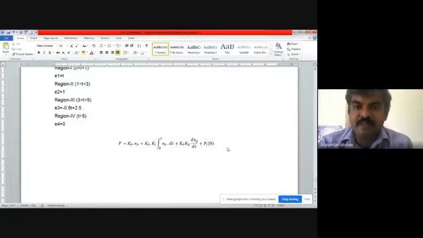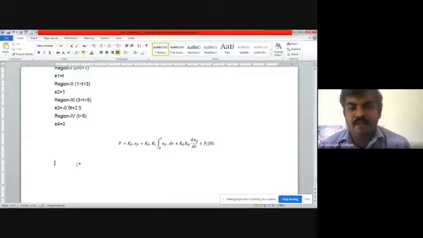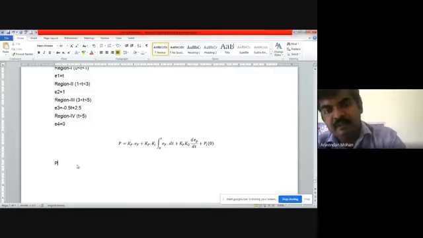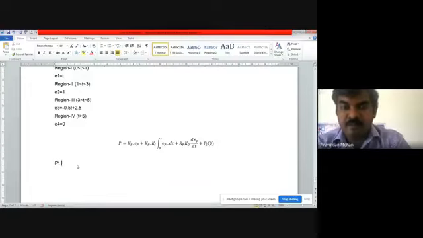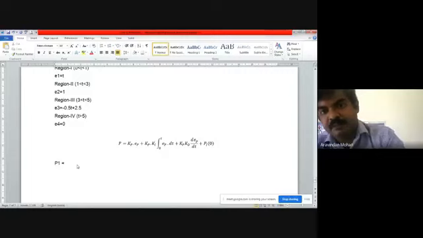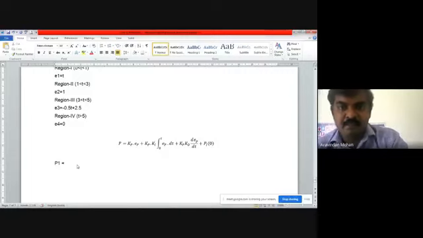Now let us find out the controller output for each and every region. First of all, let us take P1 of t. Since we are going to find out the controller output for the first region, let me take it as 1. So P1 is equal to, what is the Kp value?